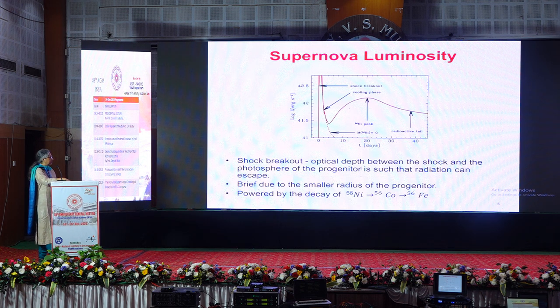And the further powering of the light is through the radioactive decay of 56 nickel to 56 cobalt, which takes about 8.8 days. And then further on, cobalt decays to iron. So this is what powers a supernova.